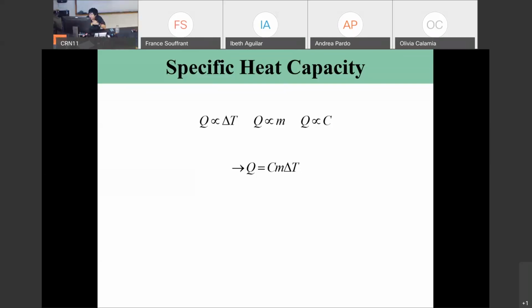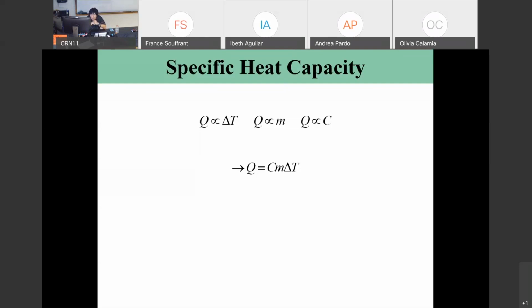Studies of temperature, or to be more precise, the change of temperature, and then there's something wrong in that equation. It's the letter C. In physics books, the way we write it is in lowercase, but that's fine.